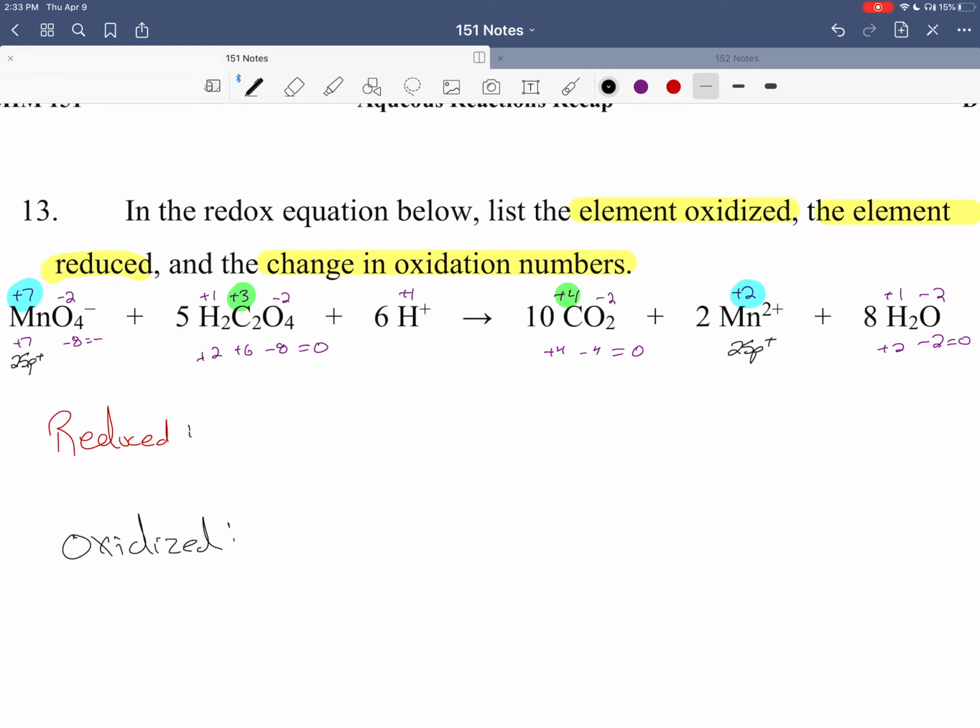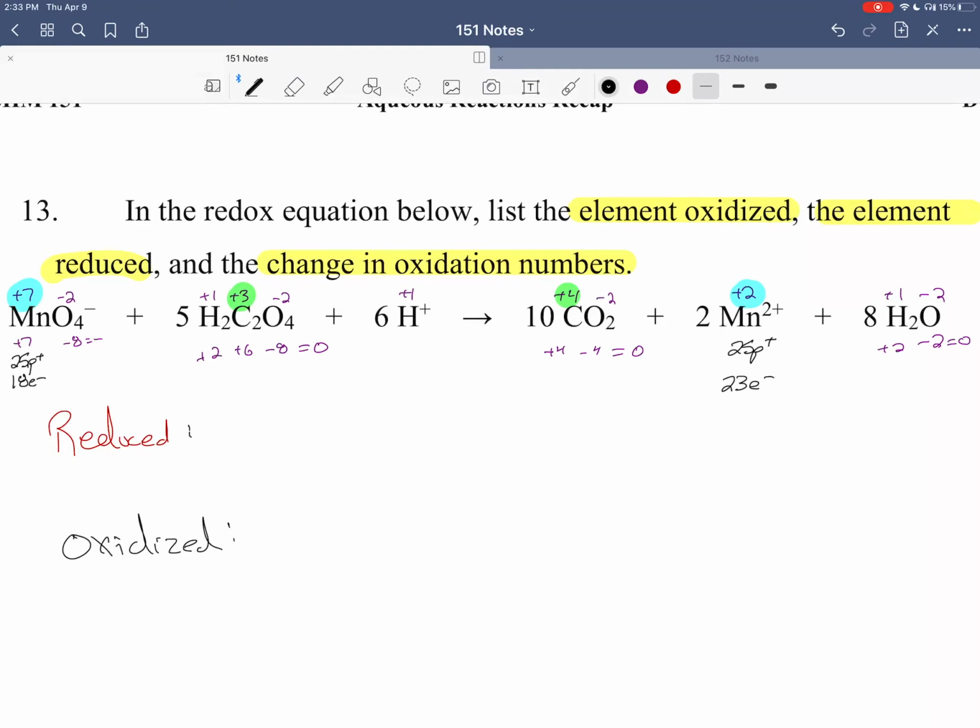Now, 7 plus means I have 7 less negatives than I do positives. This means I would have 18 negatives, and if I added 18 and 7, I should get 25. Works. Here I have 23 negatives for manganese 2, because if I add 2 to 23, I should get 25, and that works out beautifully.